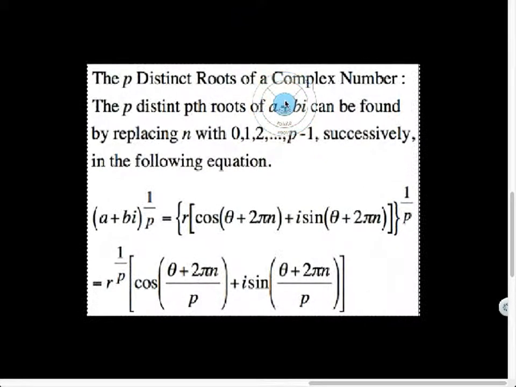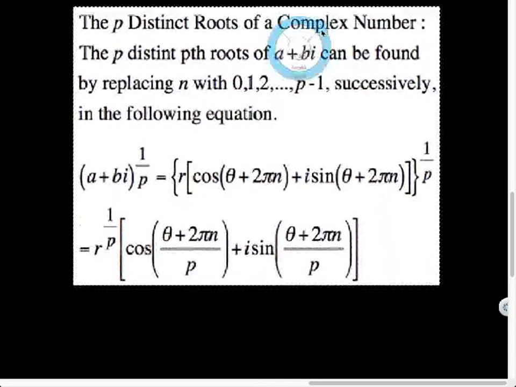So what I'm saying, or I'll come back to it and I'll let you write it down after the video. It says the p distinct roots of a complex number are the following. So there are p of them if I'm taking the pth root of something, or raising it to the 1/p power.